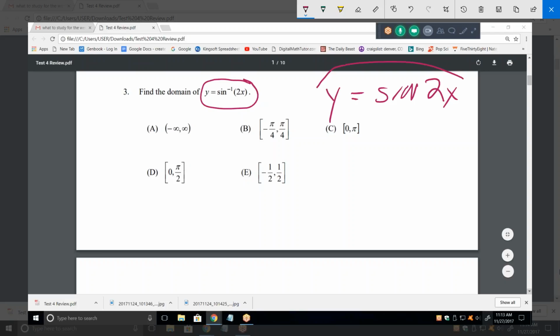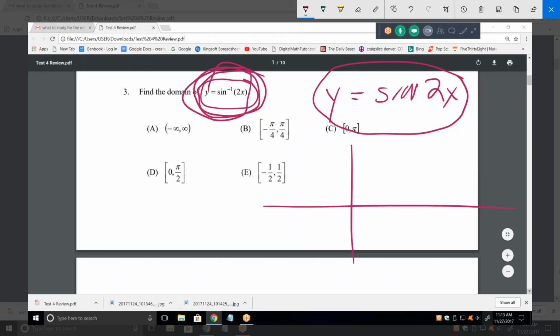In other words, the range of that is going to be the same as the domain of that. Well, let's graph that. How do I graph sine of 2x? What's its maximum value? What's its minimum value? Because what I'm really interested in is the range, right?